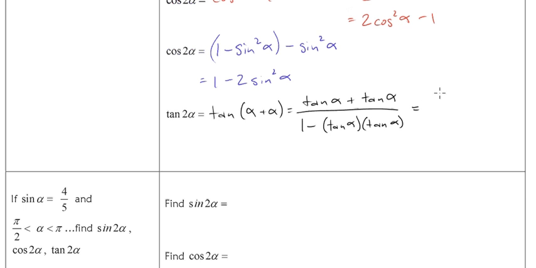And so this is going to be equal to 2 times tangent alpha over 1 minus tangent squared alpha. And there's our formula.